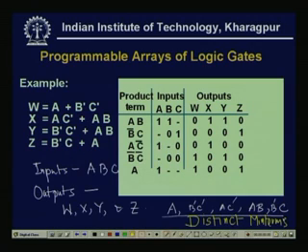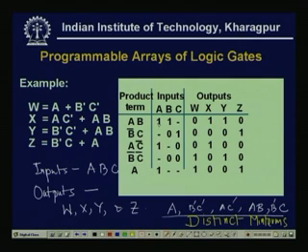Now, these are the product terms: A B, B dash C, A C dash, B dash C dash and A. Now, we see how they can be realized, which is nothing but AND.